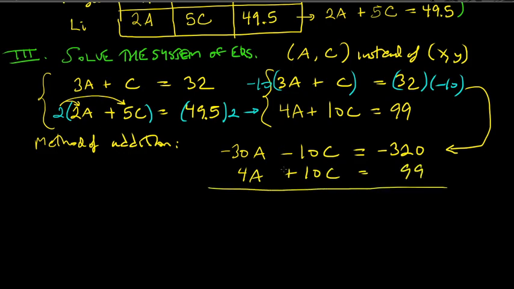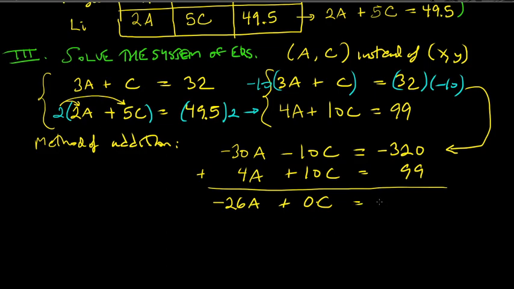Right? So now when we add the two equations together, we should eliminate C here, right? What we get is negative 30A plus 40A is negative 26 times A, right? Plus negative 10 plus 10 is 0, so 0 times C. And that's going to equal negative 320 plus 99.